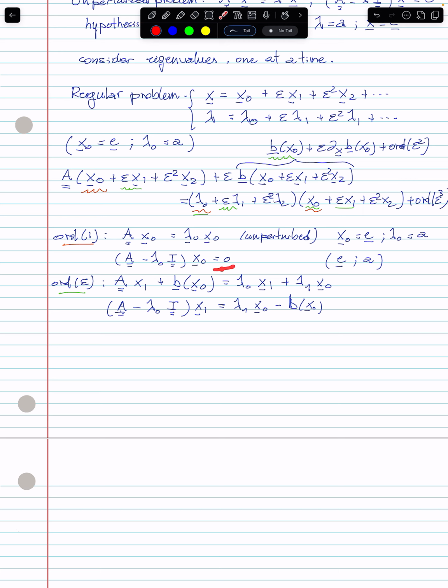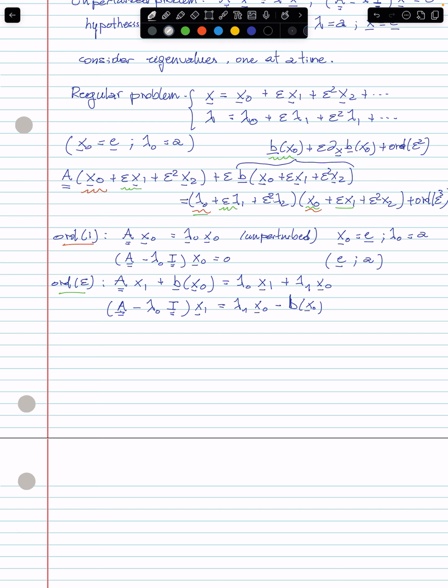By the way, it was exactly the same at leading order. So this is a standard eigenvalue problem. Again, this is a set of n equations, and we have n unknowns in x0 plus 1 unknown in lambda. Still, we can solve that problem. How do you solve this problem typically?